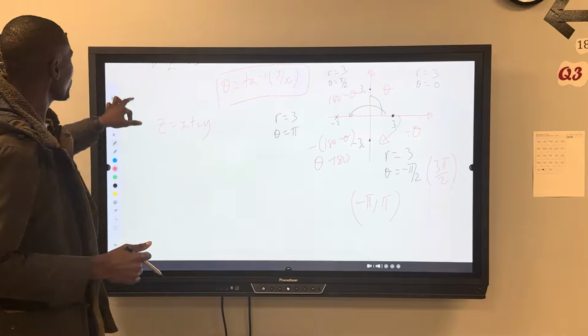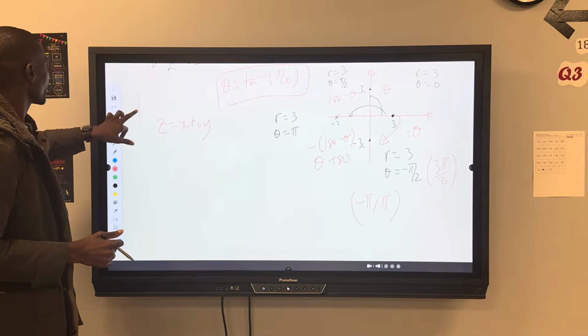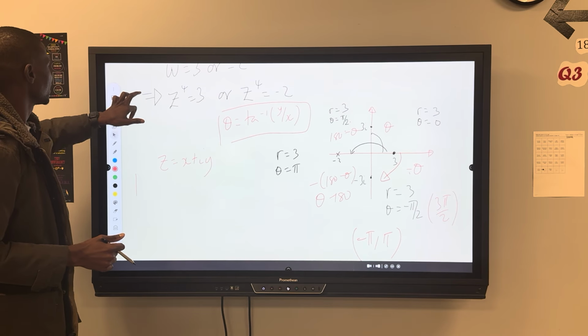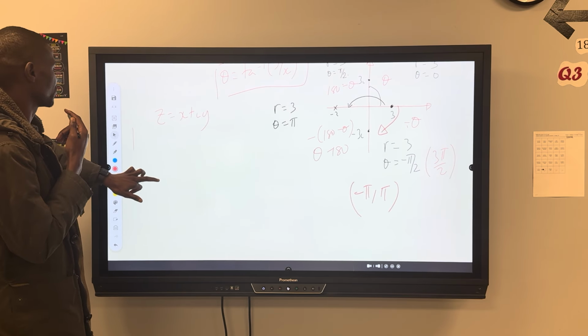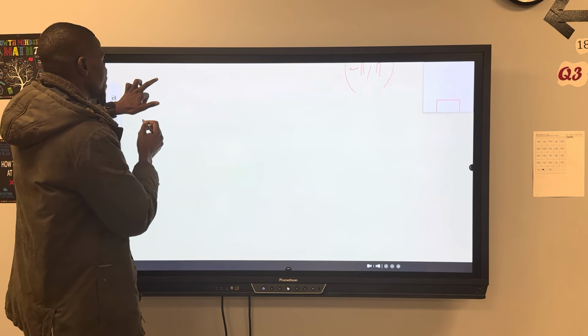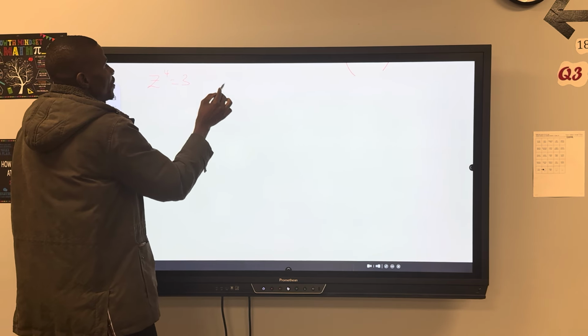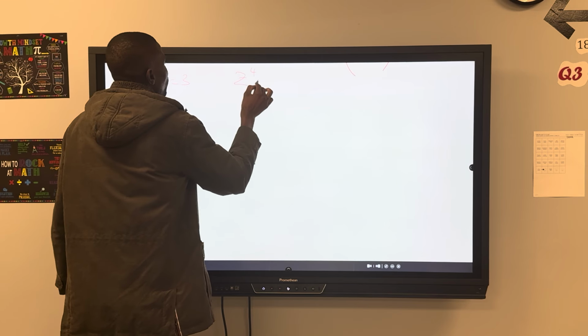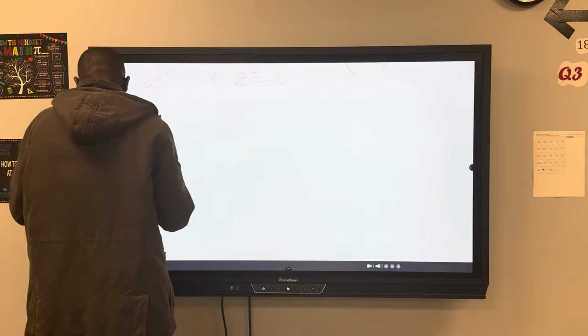Coming back to our question, we had z to the 4 is equal to 3 and z to the 4 is equal to -2. Okay, so allow me to write it here. z to the 4 is equal to 3. Then I also have z to the 4 is equal to -2, right?